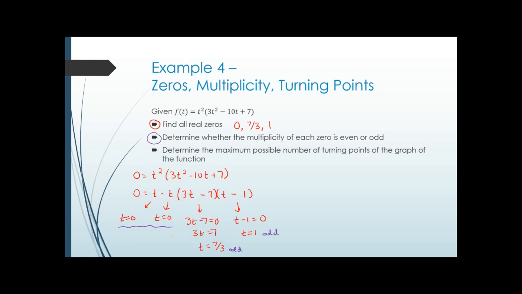It shows up twice, so that is even multiplicity. What that means is that when we graph this, it's going to bounce off of 0 on the x-axis, and it's going to go through 7/3 and 1.